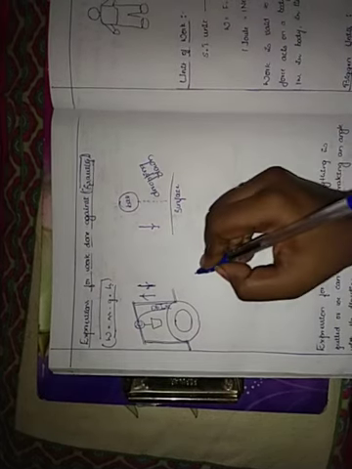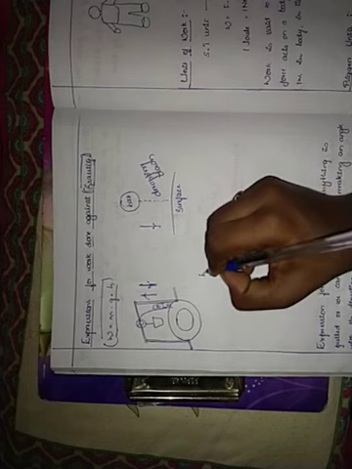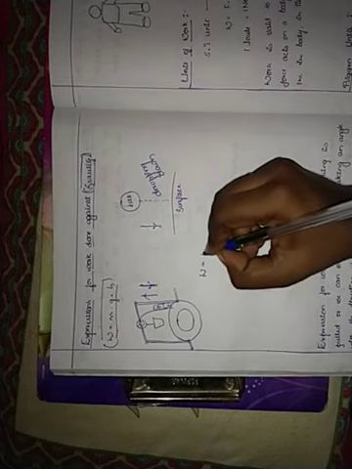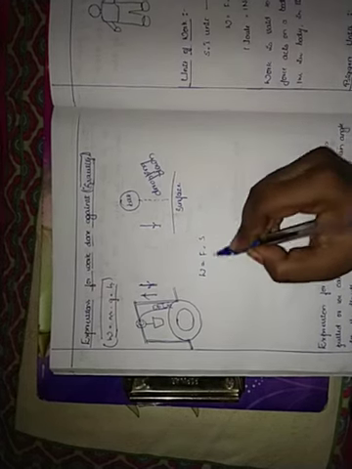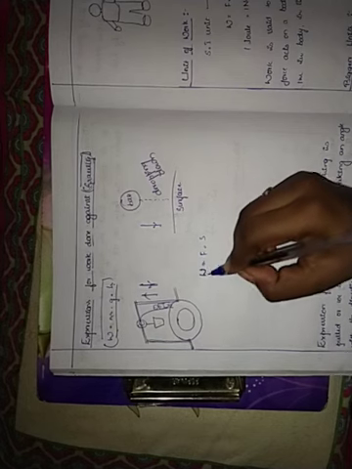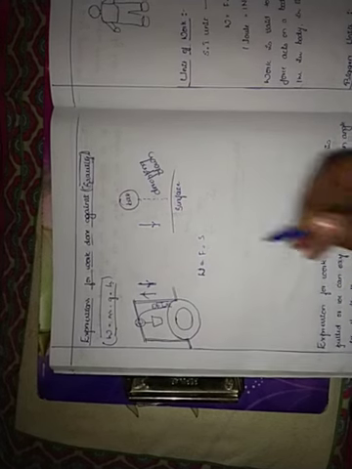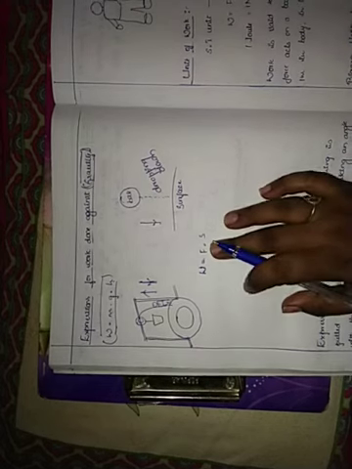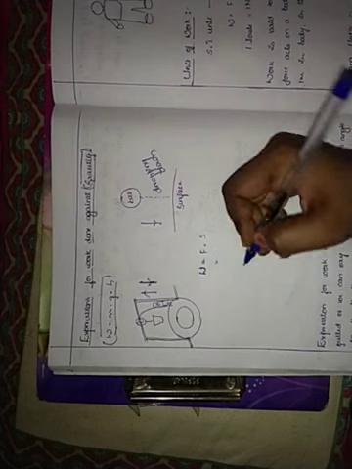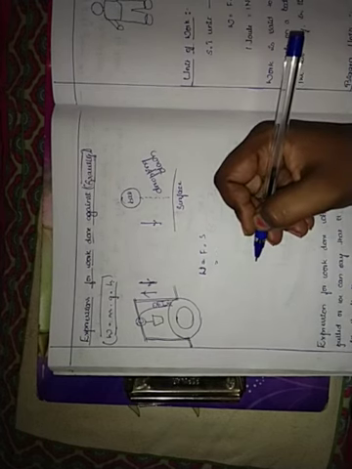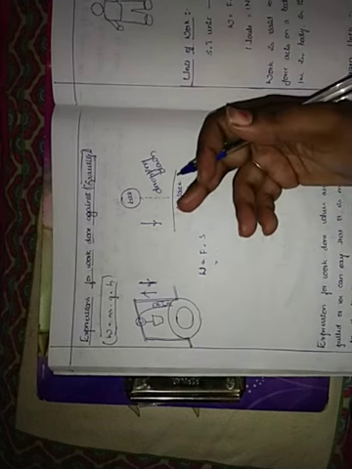Anything it may be. So we have the formula W is equal to F into S, isn't it? We have the formula that work is equal to force into displacement. Here we are replacing it. In the previous chapter we have learnt that F is equal to ma, isn't it?